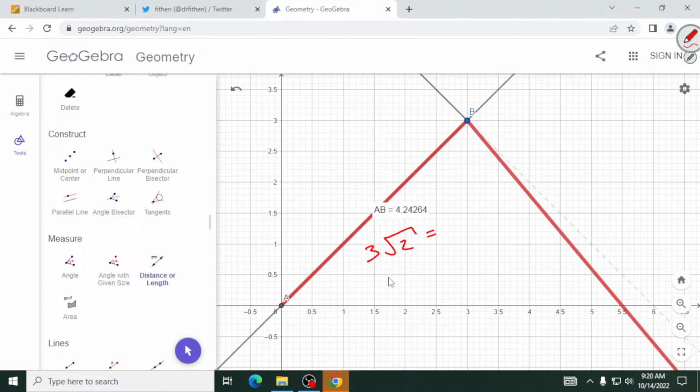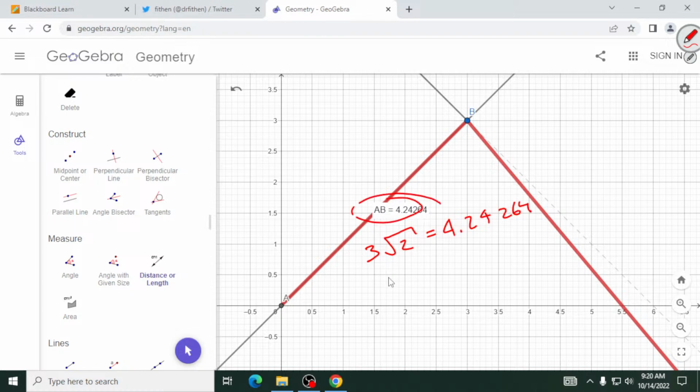And I'll do it at my calculator so that I don't lose that on the screen. Square root of 2 times 3, 4.24264, which is exactly what he's got right there.